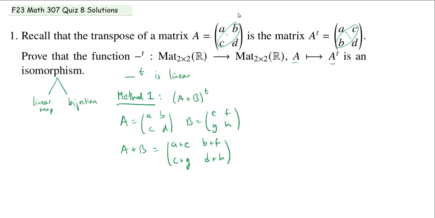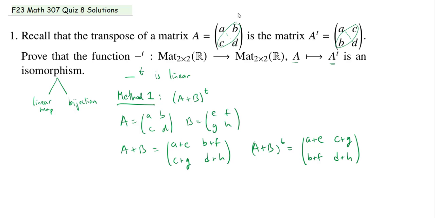And now if I compute the transpose of A plus B, well, I get to keep the diagonal, so A plus E and D plus H remain, but I'm going to swap the off-diagonal entries. So C plus G moves to the upper right, B plus F moves to the bottom left. All right.